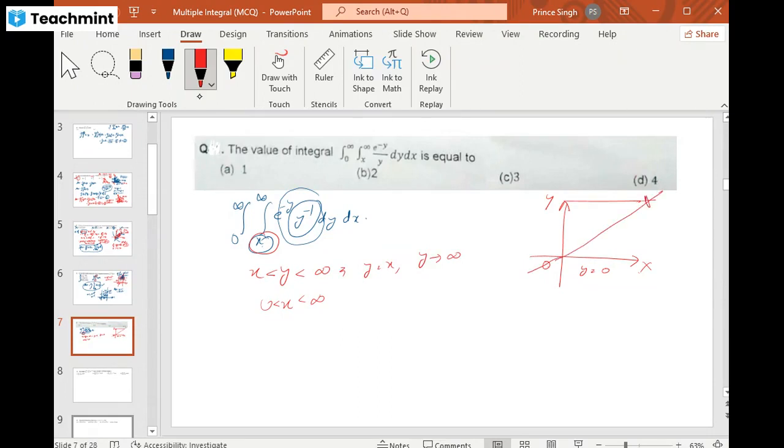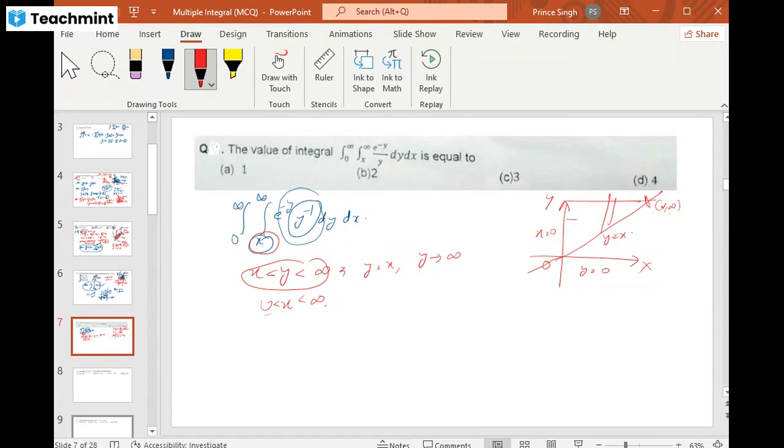The point of intersection is (infinity, infinity), and the limit of x varies from 0 to infinity. So this is the region. The value of y started from x to infinity, and the limit of x varies from 0 to infinity. Curve to curve, boundary to boundary, 0 to infinity.